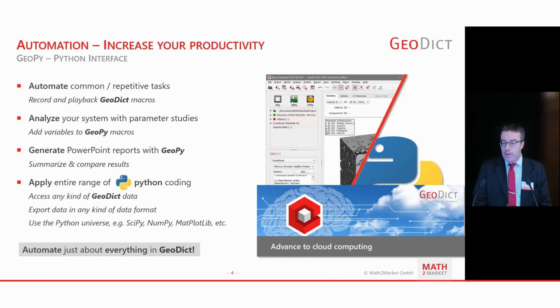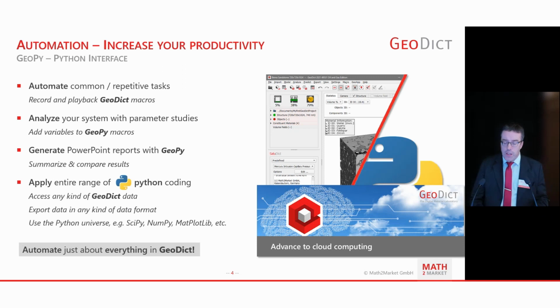Well, we're aware of the peak demands in the core analysis labs. So we offer full automation and cloud computing to reach a level of scalability that is suitable for reaching your project goals ahead of time. With our Python interface, GeoPy, you can easily automate repetitive tasks, perform parameter studies, generate comprehensive PowerPoint reports.